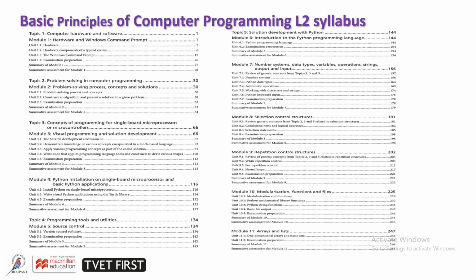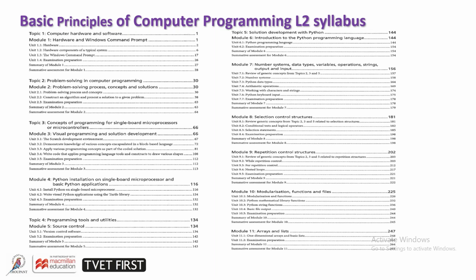Later on down the line, if you look at topic 5, which is solution development, we grouped together everything to do with Python programming, which is module 6 to module 11, under one topic heading: solution development with Python.